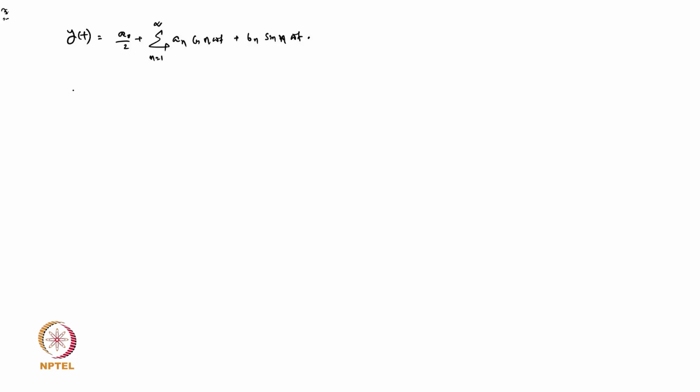So what will be my residue? Anybody? Simple: a0 by 2 plus summation of n equal to 1 to infinity of an cos n omega t plus bn sin n omega t, minus y of t.